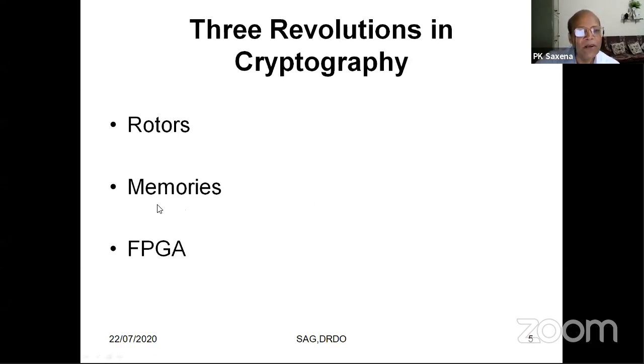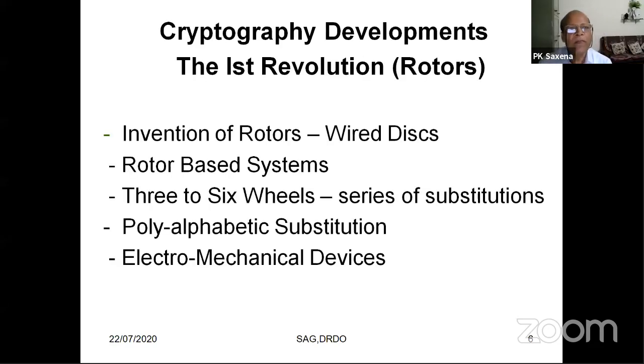And then came the concept of memories, where keys were stored in memories, algorithms were there, and encryption was happening. And present day, we talk about the revolution that is FPGA, field programmable gate array, where the algorithm can be written, revised, rewritten, modified. So that flexibility is available.